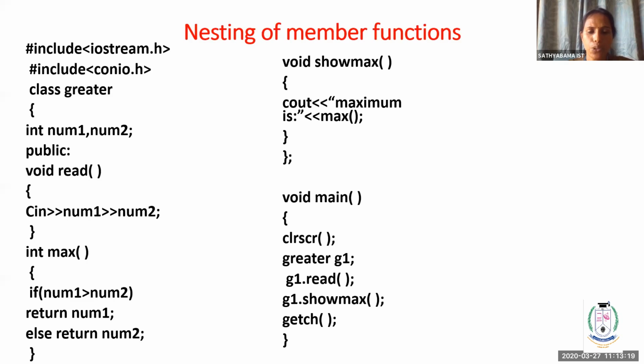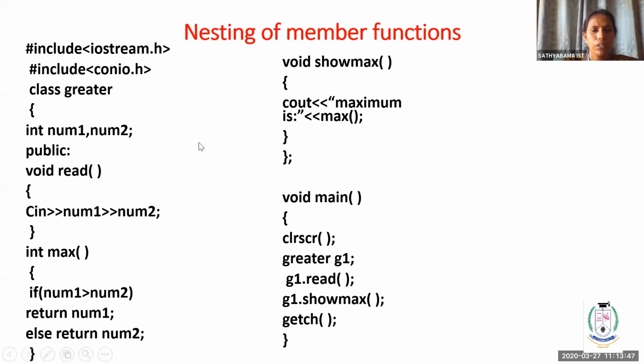So g1.read, in the sense, automatically the control goes into the read method and executes it. Again, it will call g1.showMax, in the sense, again control goes into the showMax function and executes it. And inside the showMax function, we have the nested member function call, so that will be executed.